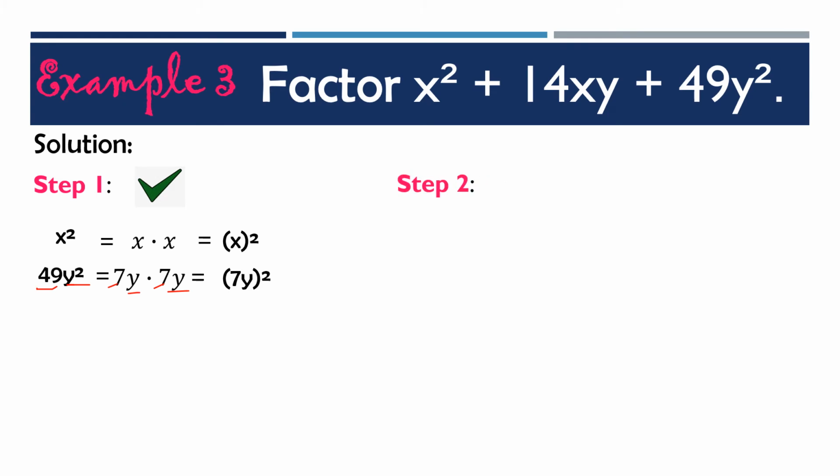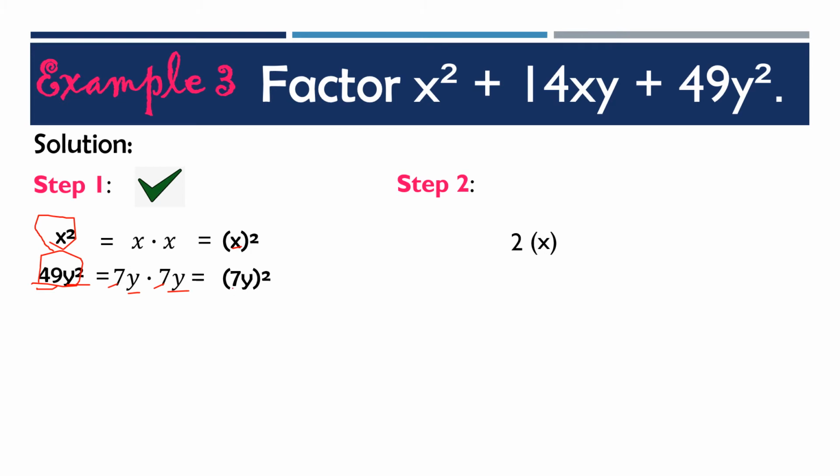Step 2. Check the middle term if it is twice the product of the square roots of the first and the last terms. So 2 times what is the square root of x squared? That's correct. X times the square root of 49y squared.